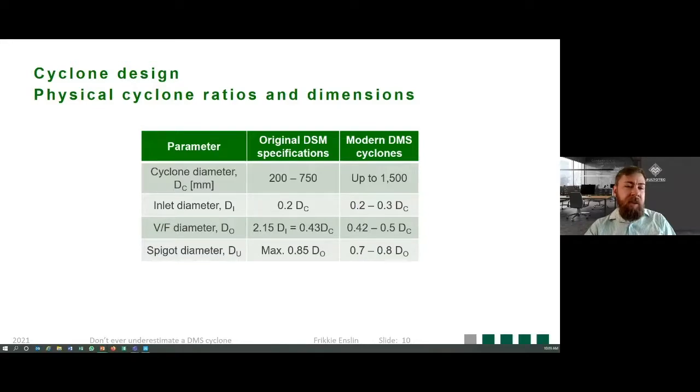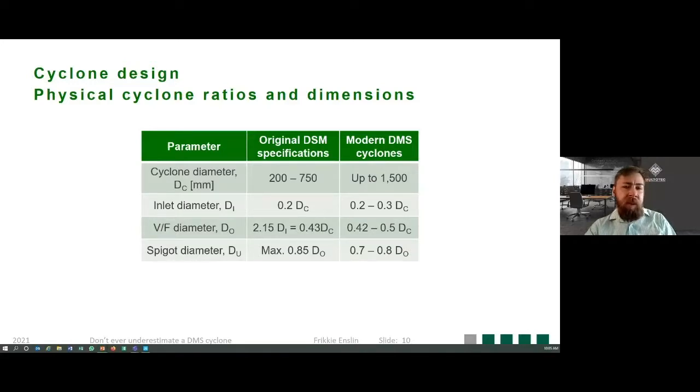For inlet dimensions, everything is referred to the cyclone's diameter as a reference. The Dutch State Mines used 20% of the cyclone diameter. These days you get anything between 20 and 30%. Your vortex finder diameter as a ratio of your cyclone diameter, 43%.